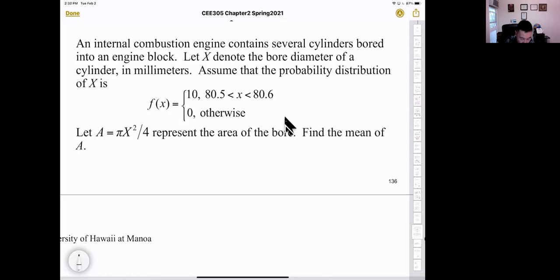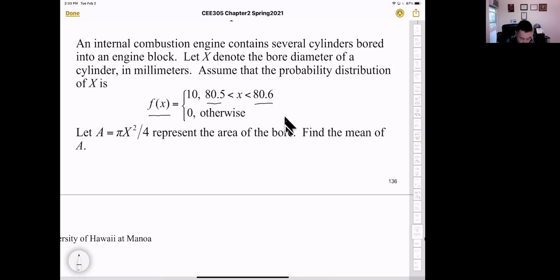Assume the probability density function of X is this: f(x) is equal to 10 when x is between 80.5 and 80.6. Outside that it is 0.